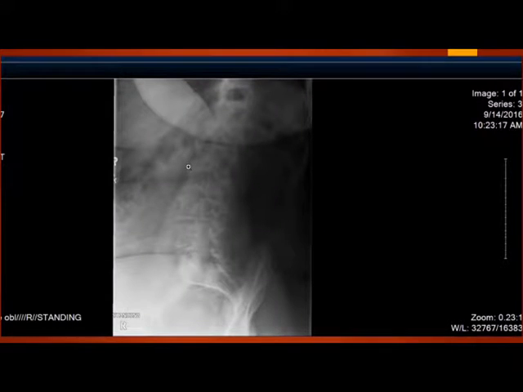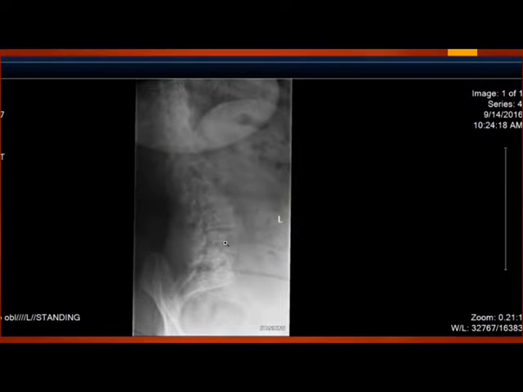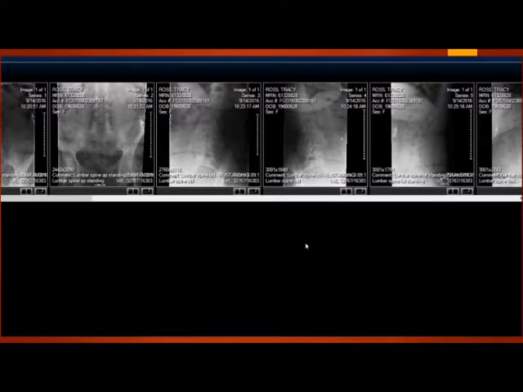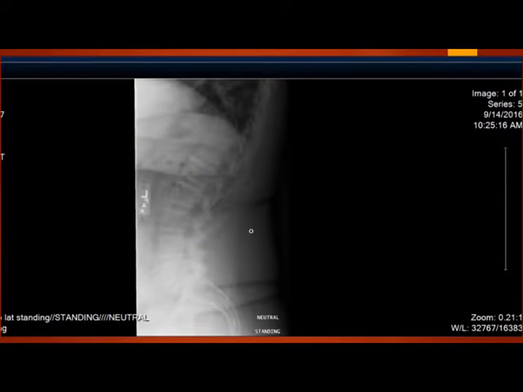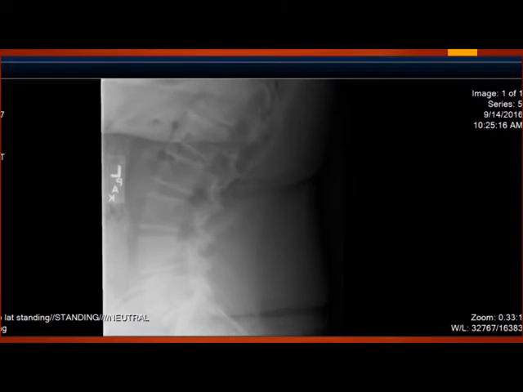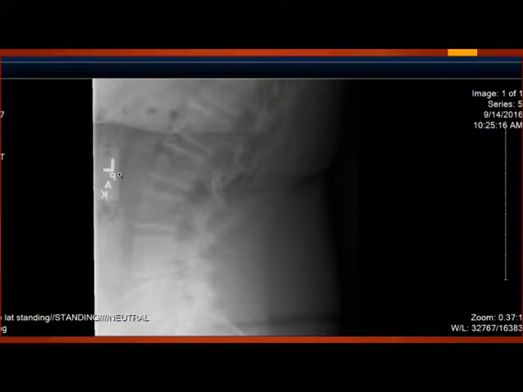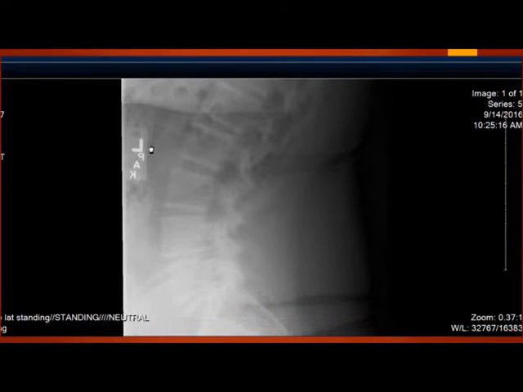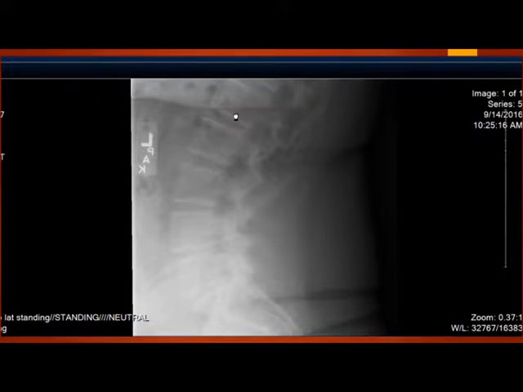We have a couple of obliques. Those fail to show any form of spondylolisthesis and or spondylolysis. So let's go to the lateral lumbar. And you'll notice the lateral lumbar has decent lordosis. Disc spaces are mostly preserved.